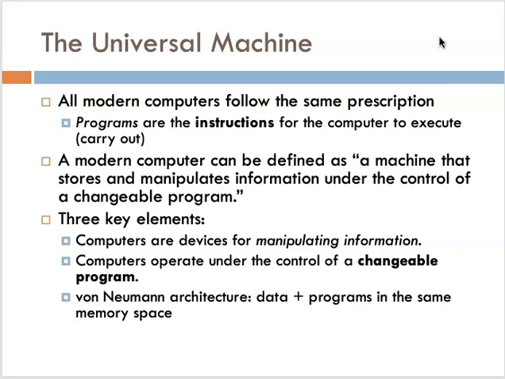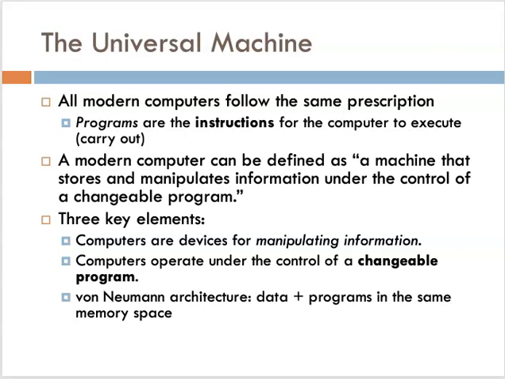A computer is a device, an agent for manipulating information or data, and computers operate under the control of a changeable program. And we usually follow the von Neumann architecture, where the data and programs occupy the same memory space.